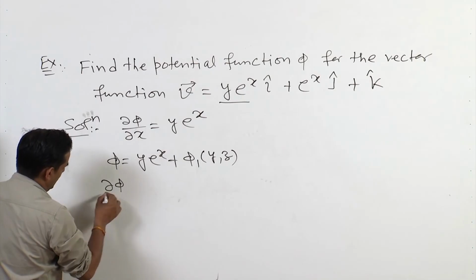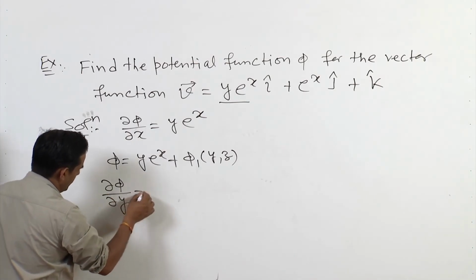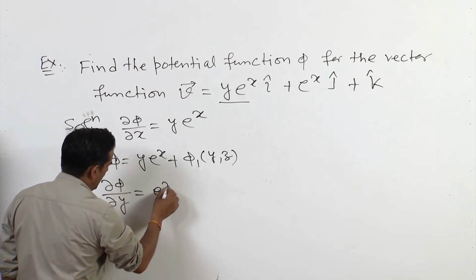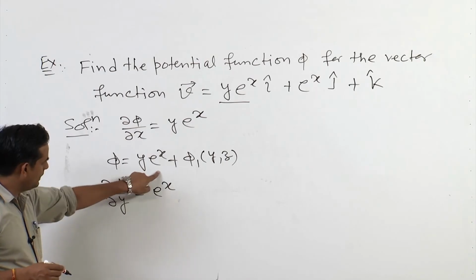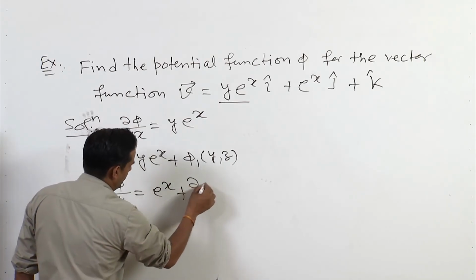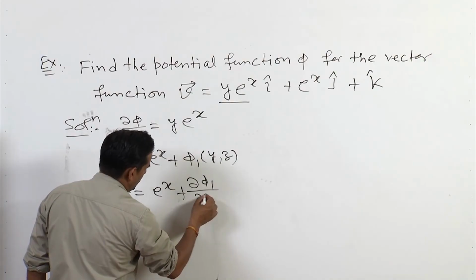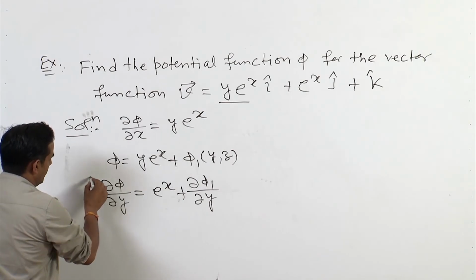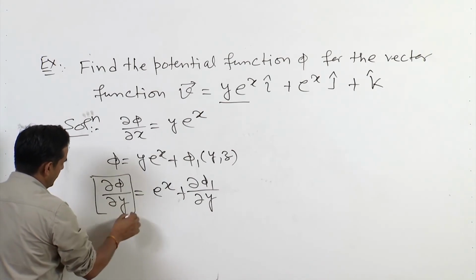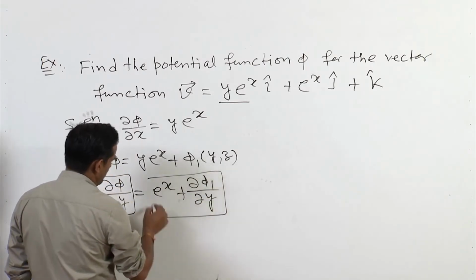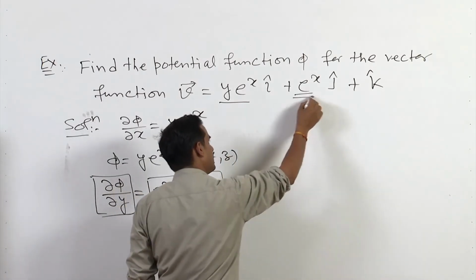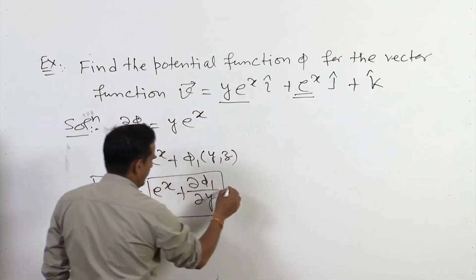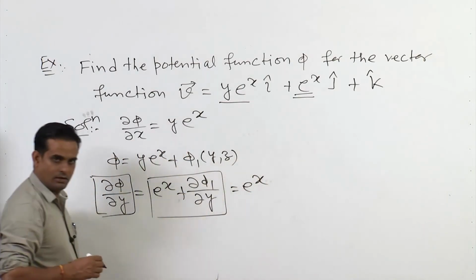Now, differentiate partially this phi with respect to y. So, I will get del phi over del y, which will become e raised to power x from here plus del phi 1 over del y. Now, compare this del phi over del y, which is given by this function, with the j component of v, which equals e raised to power x.